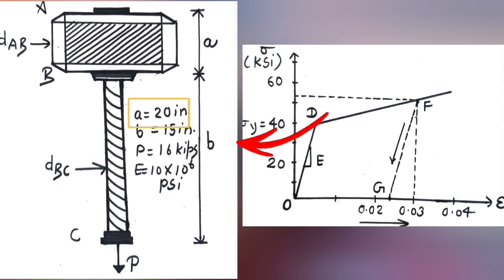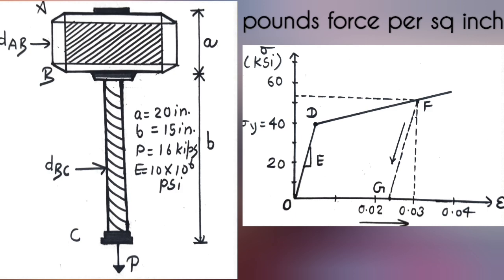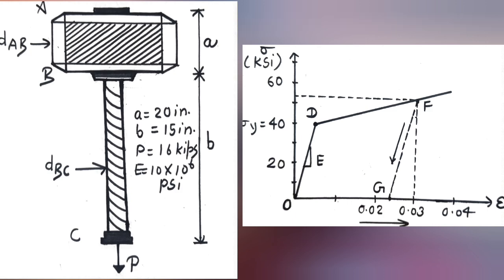Similarly, the length of the hammer handle or bar is denoted by small b, and b is 15 inch. We are also given the modulus of elasticity E equal to 10 into 10 raised to power 6 psi. Here psi stands for pounds per square inch. That is the unit of stress, and modulus of elasticity and stress have the same units, so E also has the unit psi.